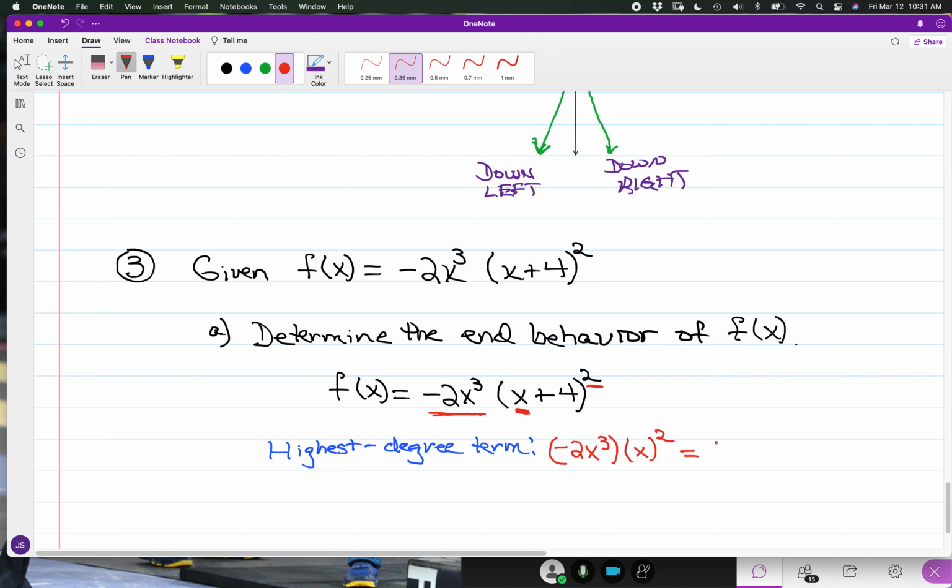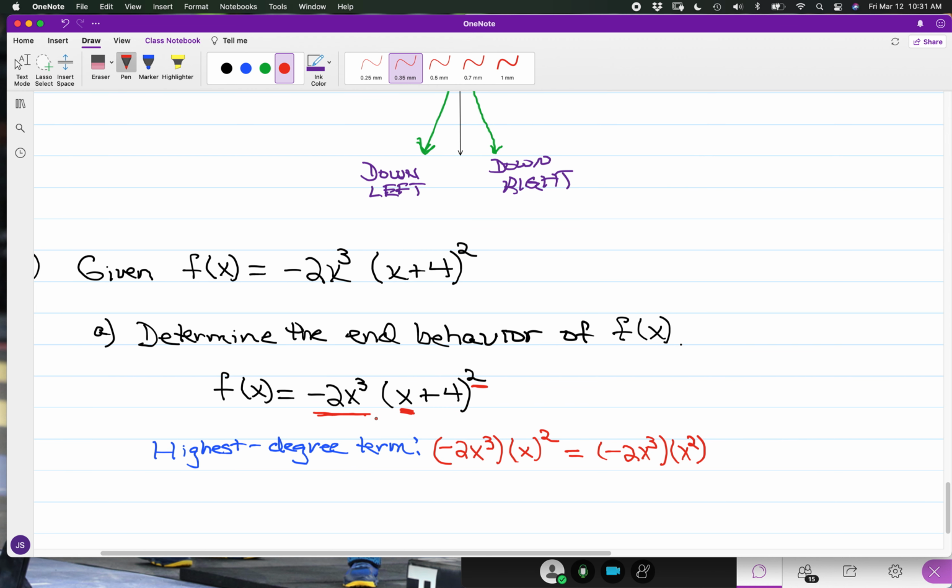So again, we have negative 2x cubed times x squared. Taking the product, in other words, I have negative 2x cubed times x squared plus 8x plus 16. Our highest degree term is still going to be negative 2 times x to the fifth.